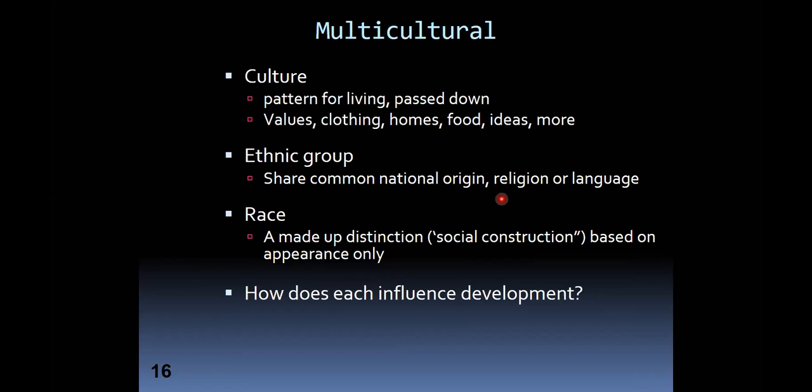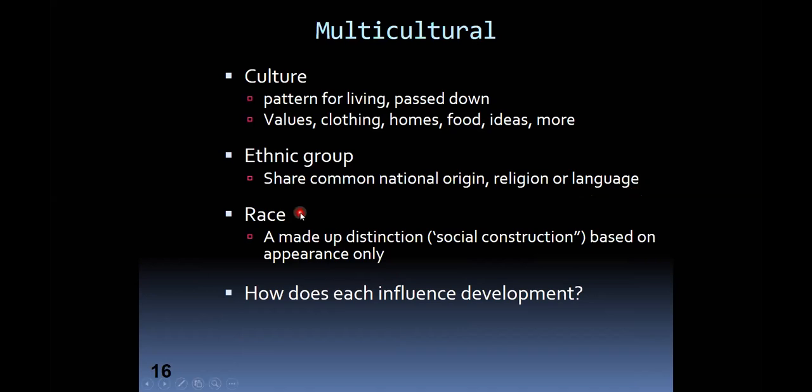Or the thing that they have in common is a particular religious background. So in some parts of the world, whether you're Muslim or Hindu, puts you in one ethnic group or another. Or it might be a common language. So those who speak similar language make up that ethnic group.